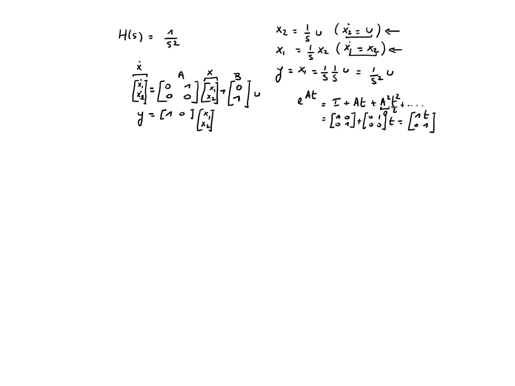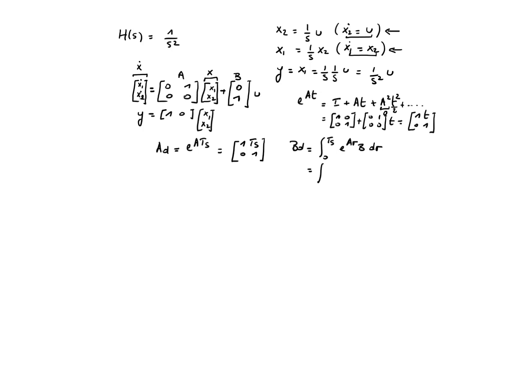So we know that the discrete time state transition matrix is the exponential of A times Ts, where Ts is the sampling period, so it will be this matrix here. For Bd, this is the integral from 0 to Ts of the exponential of A sigma B d sigma.